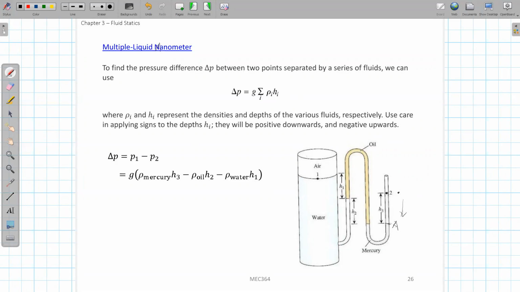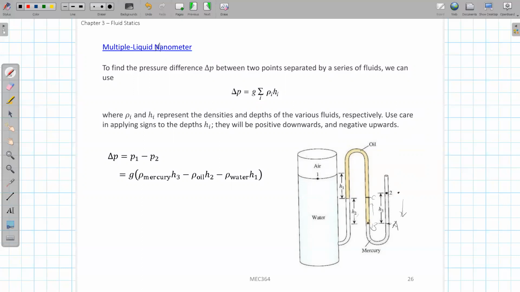Now the pressure at point A will be equal to the pressure at point B, because they are on the same line. So you move your measuring point directly to point B, and now you go up to this location, which I call C. The pressure difference from B to C is over this H2 length, which is for the oil.